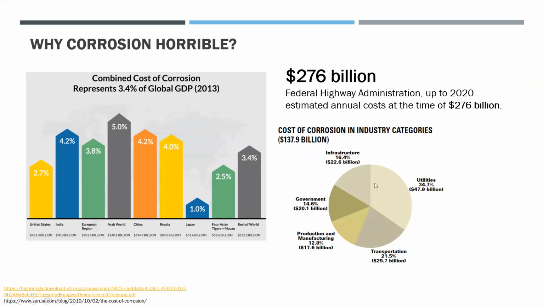Why is corrosion so horrible? According to the Federal Highway Administration, corrosion costs approximately $276 billion, and globally each country spends 4% of its GDP to fight against corrosion, which is a huge amount of money.